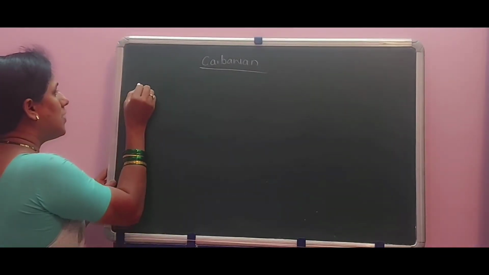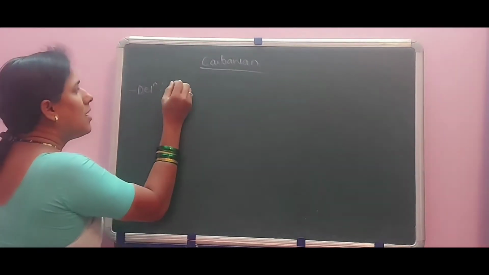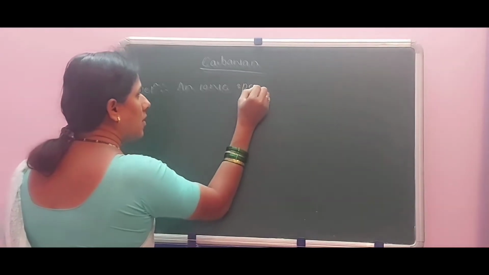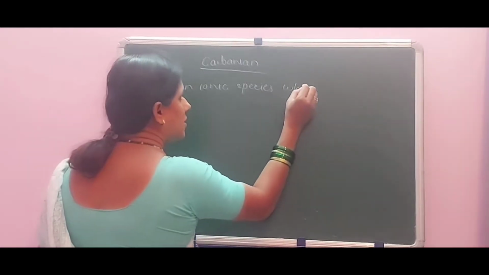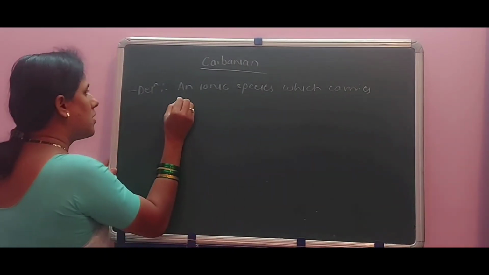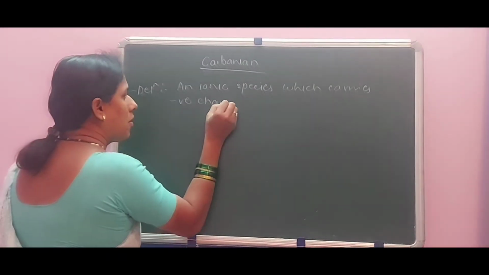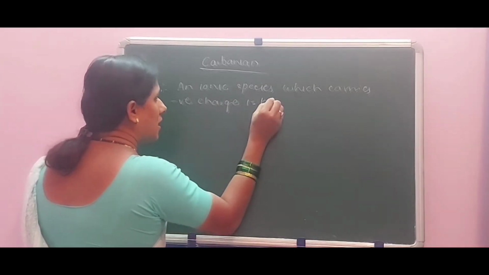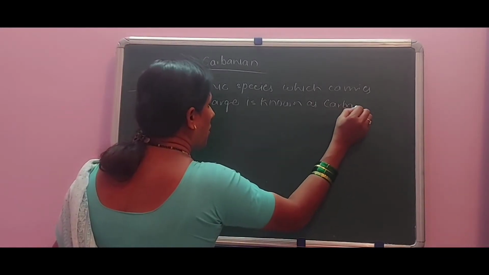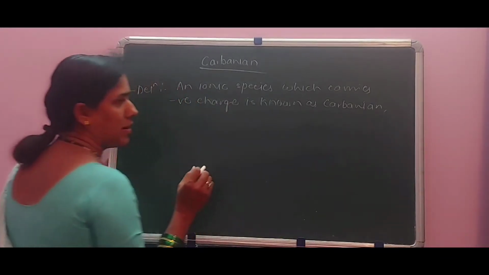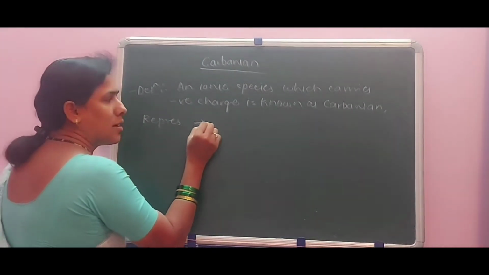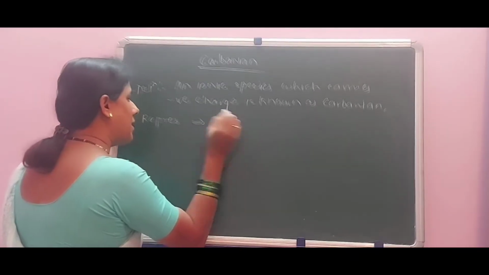First point is the definition. An ionic species which carries a negative charge is known as a carbanion. It is represented as R minus.